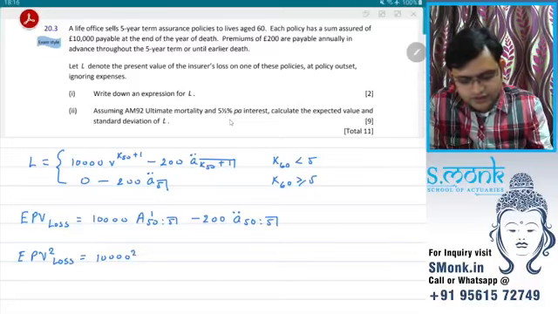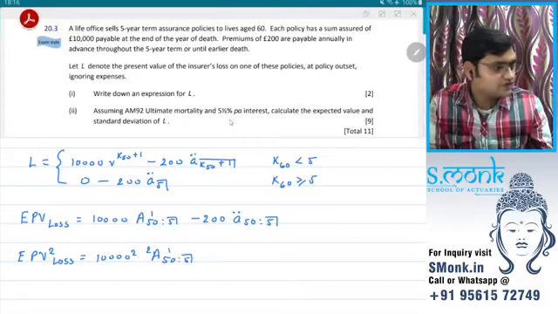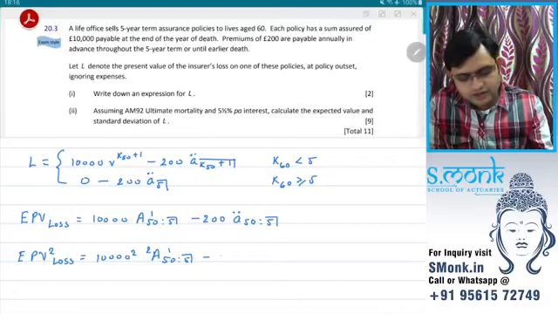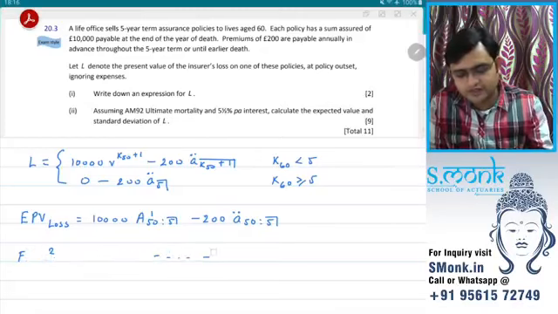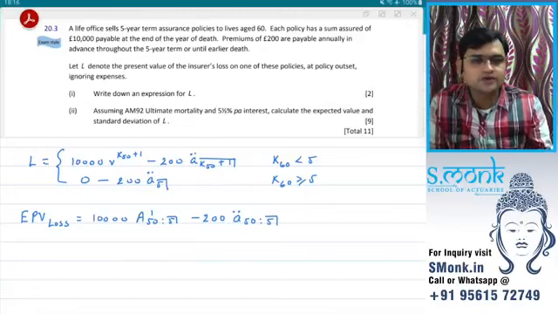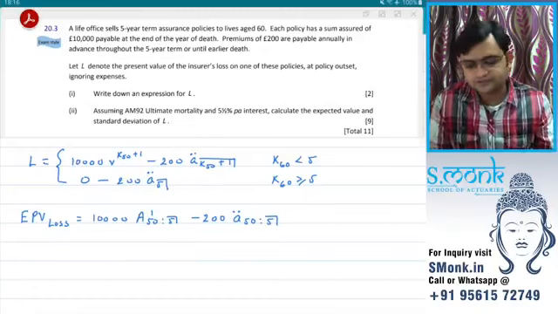So 10,000 squared times 2A60 term 5, and then minus, this will also be squared, 200 squared. For the variance, let's find it separately, because we'll not be able to do it directly here.